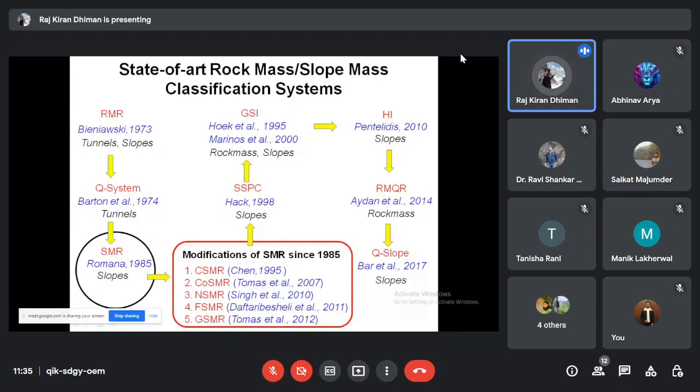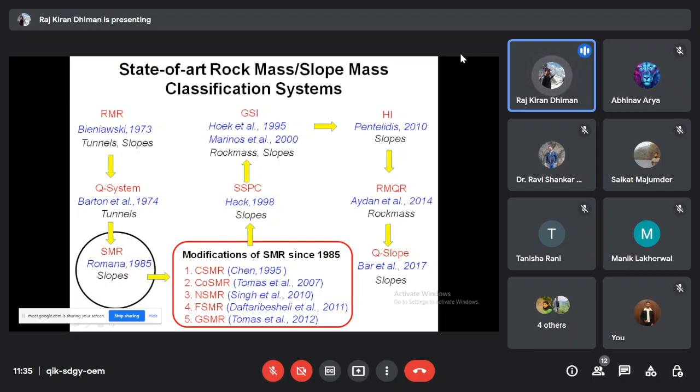And of course there are many limitations to different classification systems. As I would say, today I am explaining SMR, but since I have been working for the past 2 years using this system, I get to know a lot of things. Like I know that there are many limitations to SMR also. So there are many limitations and you can improve them, develop your own classification system also.